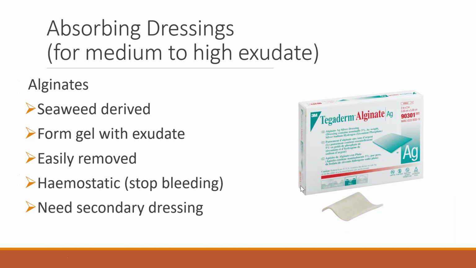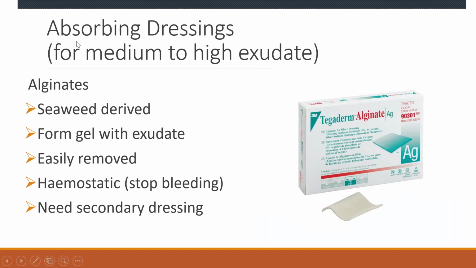And also another different type of absorbing dressing. If the discharge is medium or high exudate, we will consider this one. See, it's called alginate. Alginate is a product extracted from seaweed.